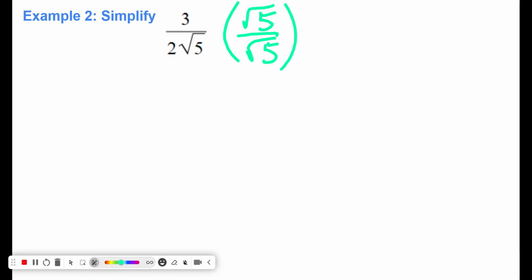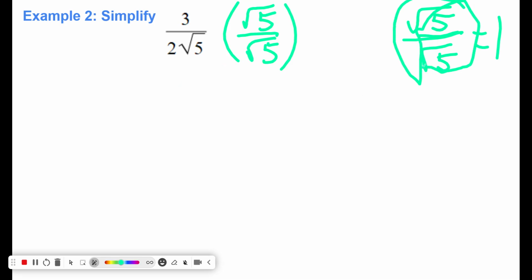So I'm going to pause here and think about the square root of 5 divided by the square root of 5 is 1. All we're doing to rationalize this is multiplying it by a very creative version of 1.